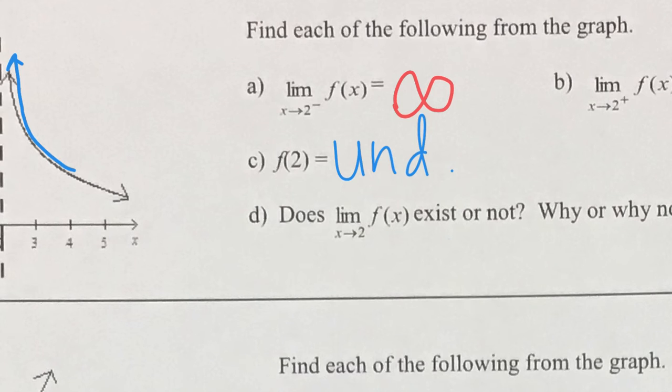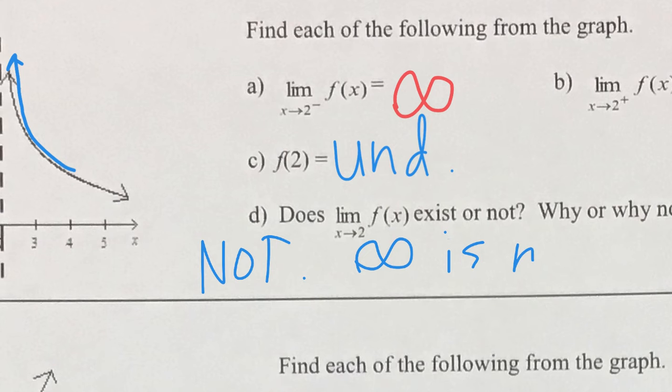Okay, so does the limit exist here? It says the one from the right and the one from the left match up. They both go to infinity. So does the limit exist? No. The answer is no, because infinity is not a real number. Okay, does not exist.